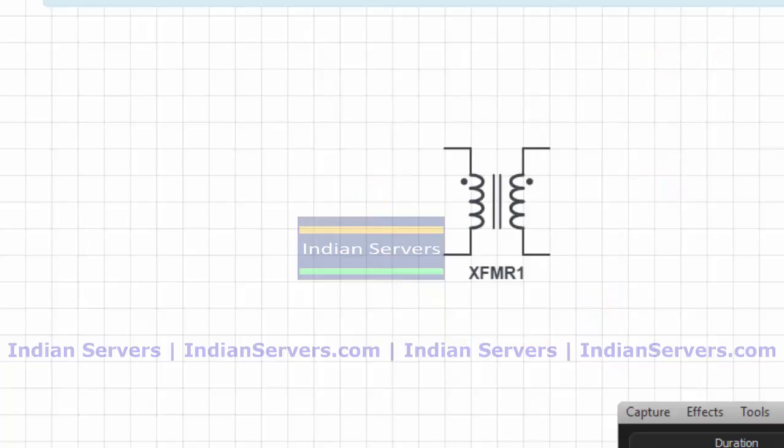Similarly, for a step down transformer, assume the same transformer as step down. The rating of the transformer is 230 by 12.